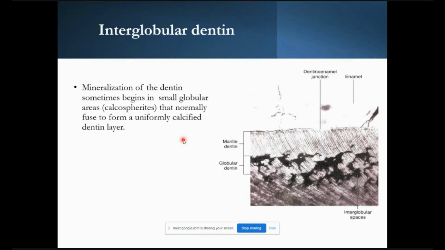There are two ways dentin undergoes mineralization, either linear or by globules. What do I mean by this? Linear calcification goes layer by layer in a linear fashion. Linear means line, okay? When I say globular calcification, please look at what I'm drawing. What happens is, I cannot draw it very well, but I'm trying.